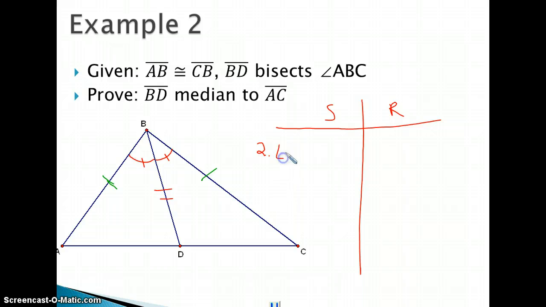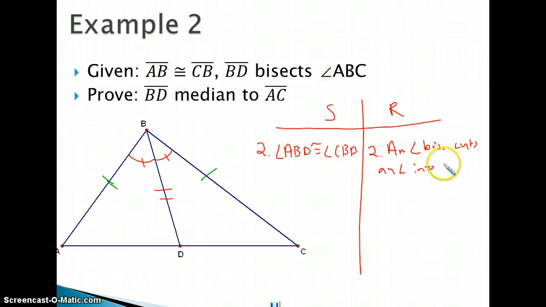I'm going to say that angle ABD is congruent to angle CBD, and that's because an angle bisector cuts an angle into two congruent angles.